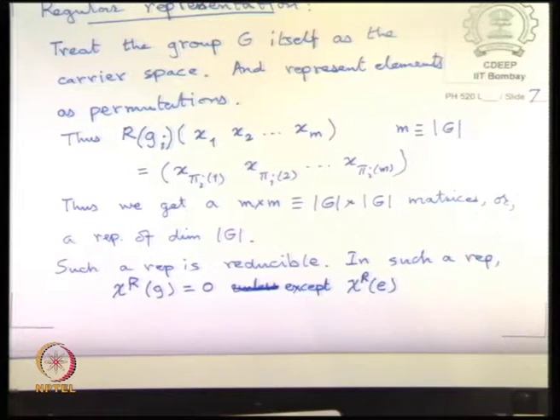The identity element has always to be represented by the identity matrix in linear algebra. So that trace can't be 0, and it has to exactly tally the dimension of the representation, but the dimension is itself G.